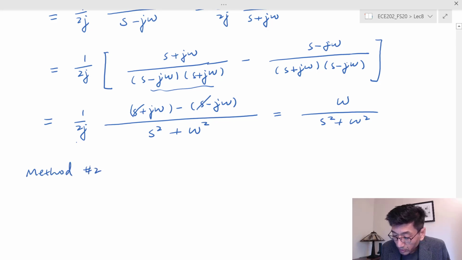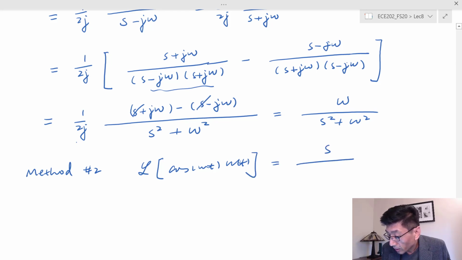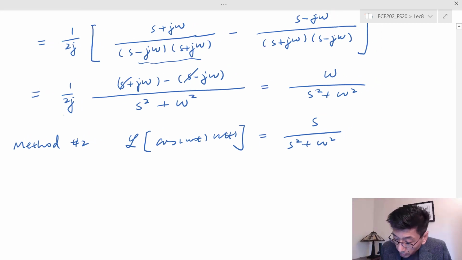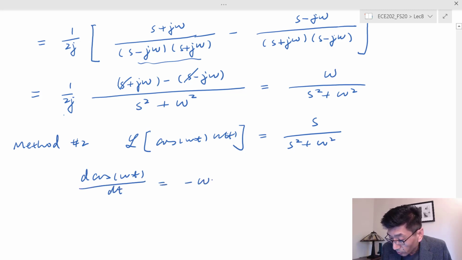is, let's see, I already know the Laplace transform of cosine omega t is equal to s over s squared plus omega squared, right? Let's see the sine omega t. We know that the derivative d cosine omega t dt is equal to negative omega times sine omega t, right?